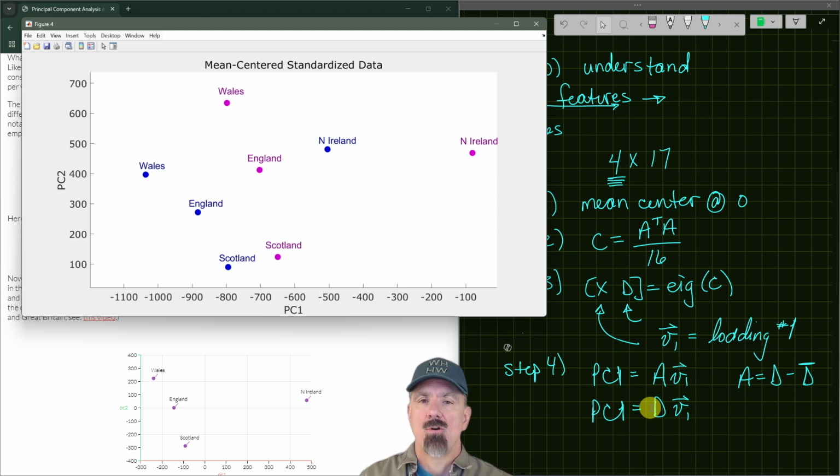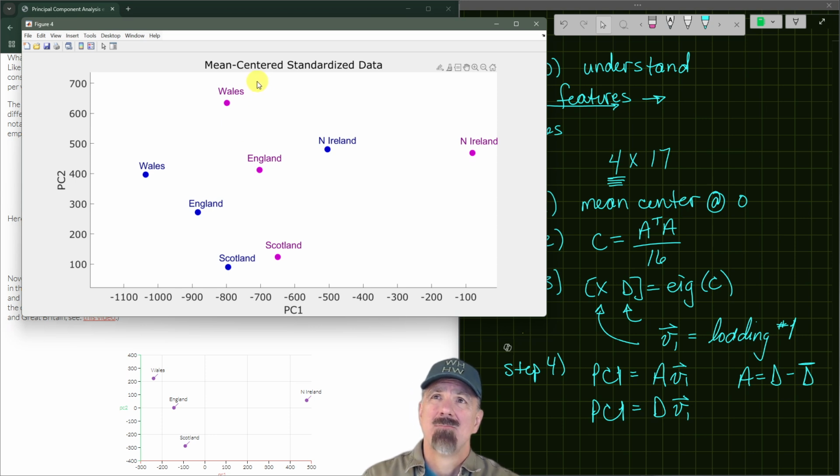We have to do that in order to have a good conversation when we're talking about the mean-centered versus the standardized, because the variation in the mean-centered data versus the standardized data is significant. So in order to compare apples to apples, we're going to apply the loading vectors to the original data. And that's what we see here.